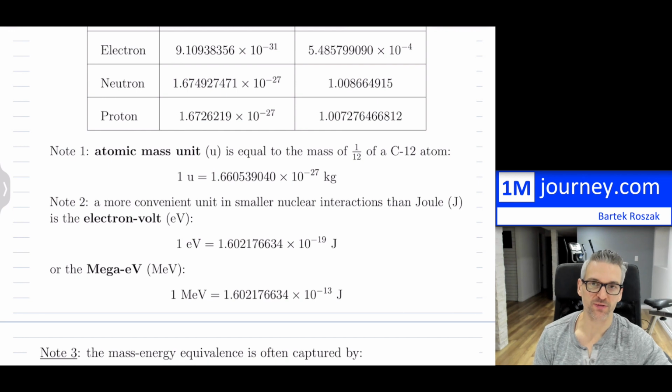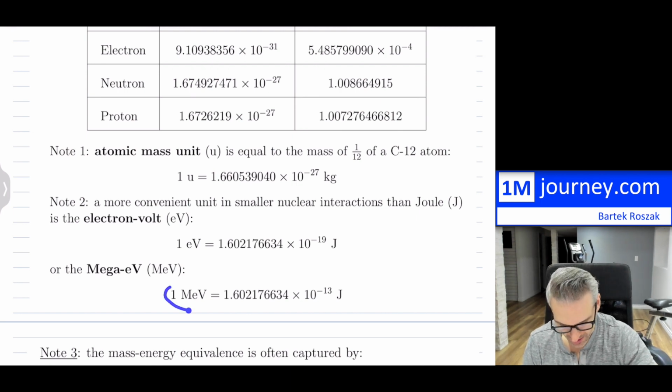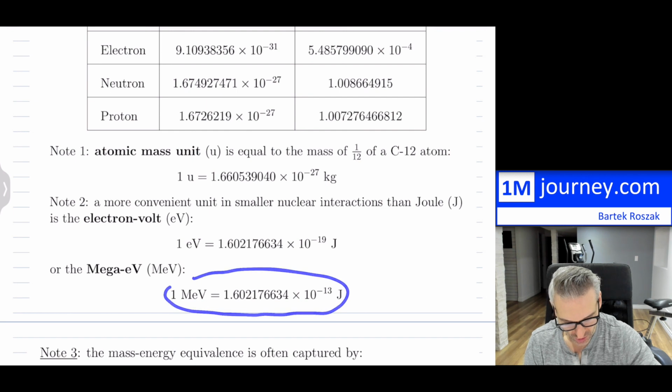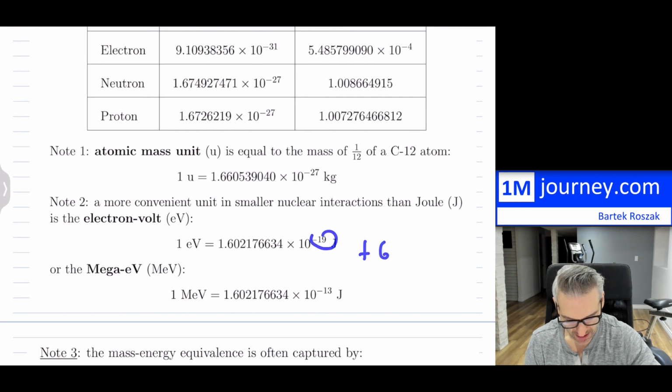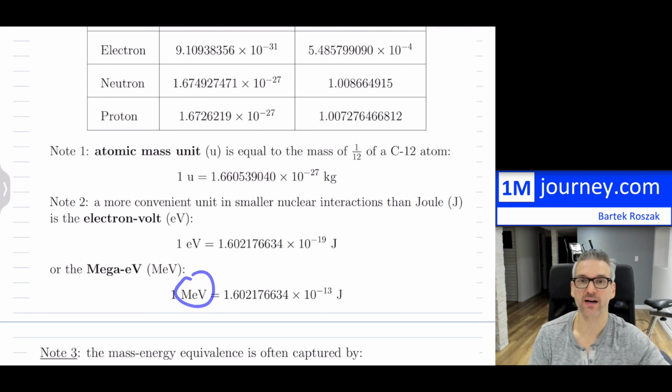Mega is a prefix, that's 10 to the 6, so it's 1,000,000 of these electron volts. As you can see, going from here to here, negative 19 plus 6 on the exponent side gives us negative 13, and that's going to be just a mega.